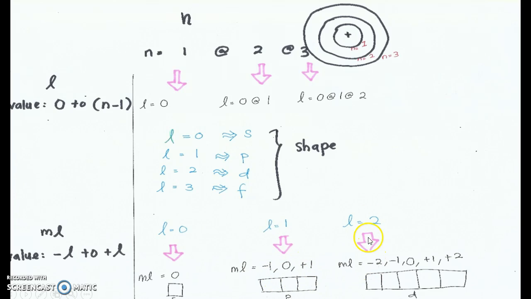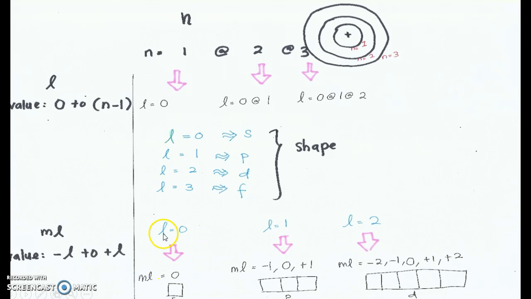And for l equal to 2, we have 5 values here, so it has 5 boxes. Again, what I wrote down here: s has only 1 box, p orbital 3 boxes, and d orbital 5 boxes. This is because ml actually refers to the value of l.